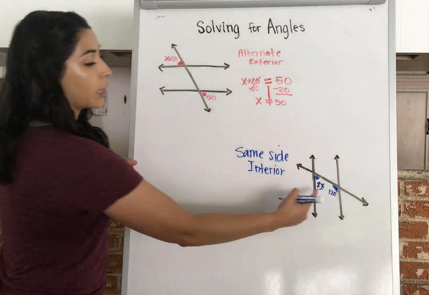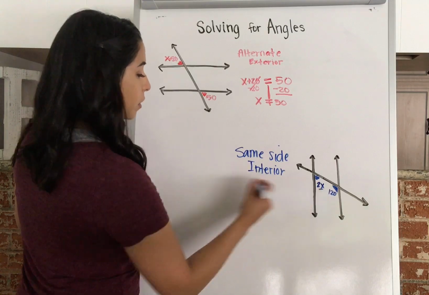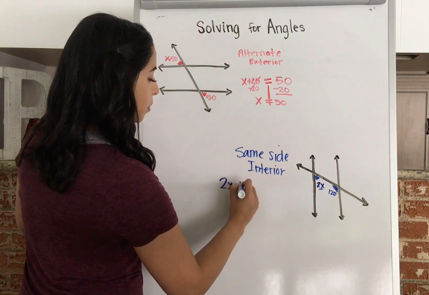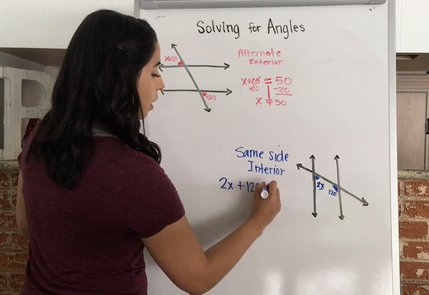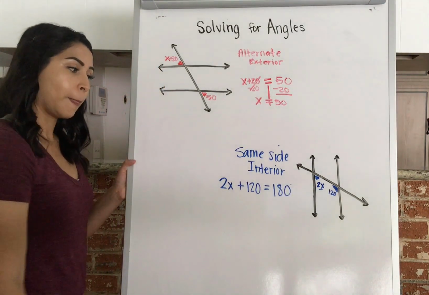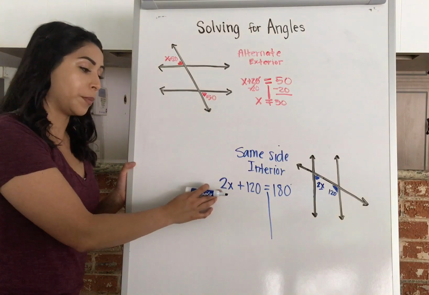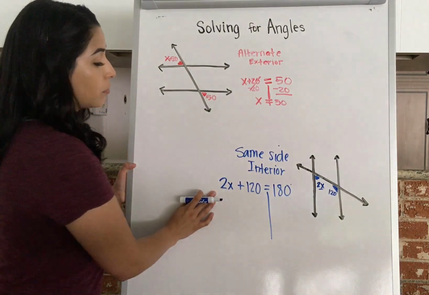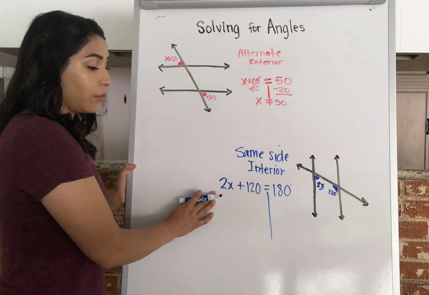So if I add this, 2x, plus the other angle, 120, I will get a total of 180 degrees. So now it's just a matter of solving this equation here. This is a two-step equation. Not too bad. Solve it using your inverse operations.